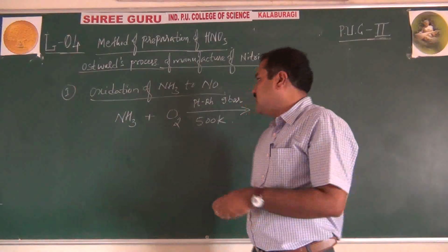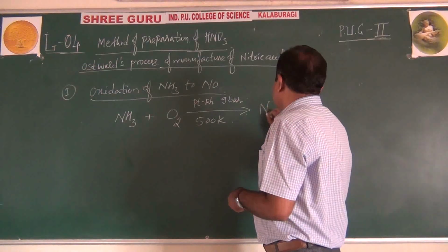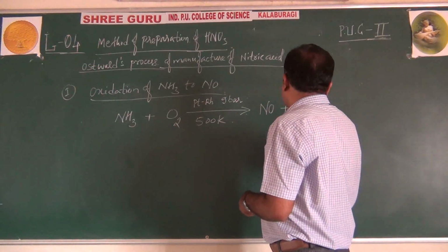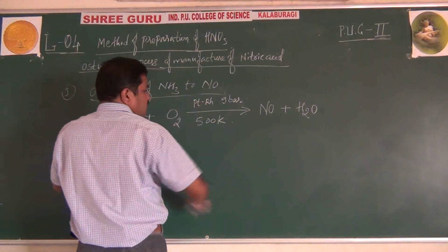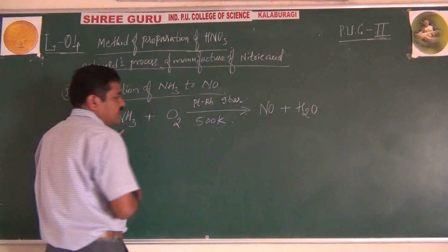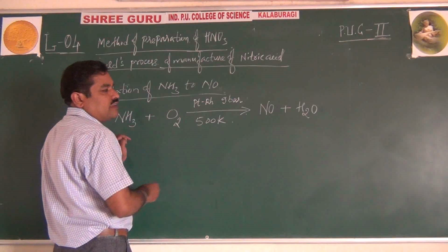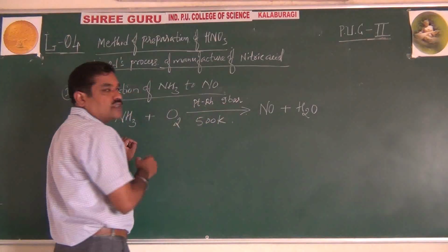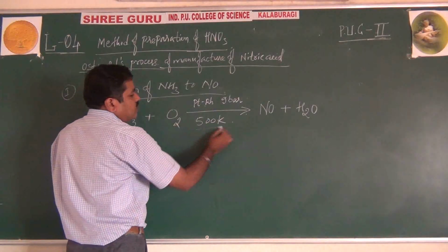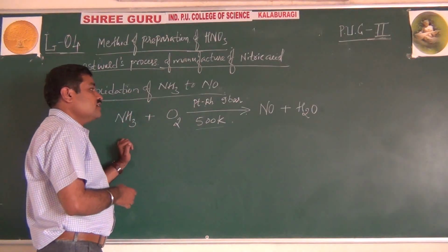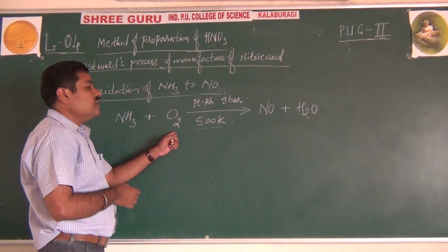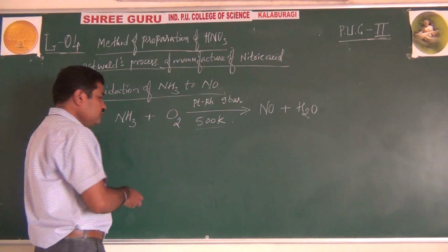Under this, ammonia is oxidized to nitric oxide, NO, and liberates water, H2O. Ammonia is oxidized to nitric oxide in the presence of platinum rhodium catalyst under 9 bar pressure and at about 500 Kelvin temperature. These conditions are very important, you compulsorily have to write them and balance the equation.